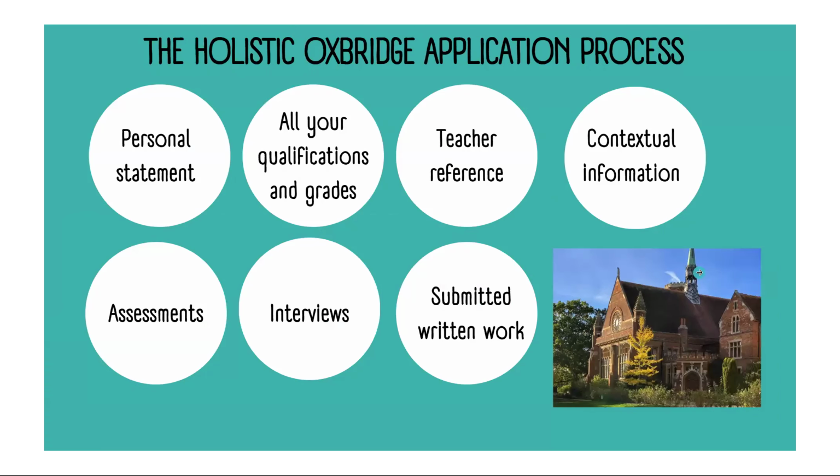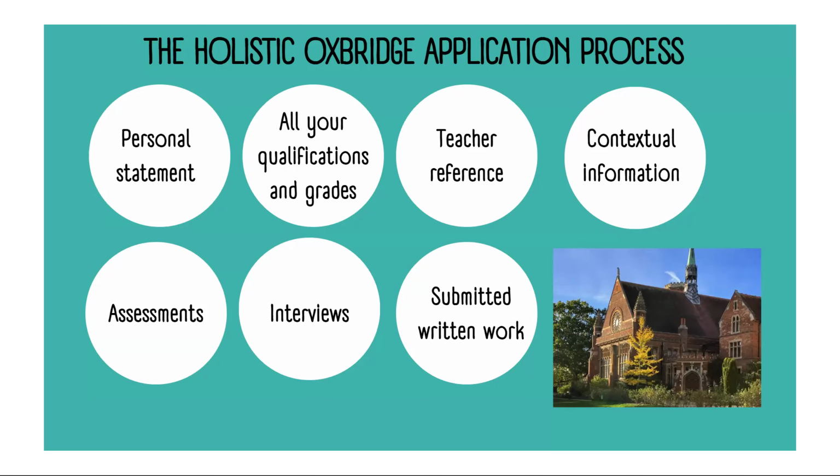So, we're just going to start by saying that the application process to Oxford or Cambridge is really holistic. We don't just look at one thing. Obviously, this session is focusing on assessments and interviews, but we do look at lots of different things. So we look at your personal statement, and we have another session which touched on this. We look at all of your achieved qualifications and the grades that you've obtained. We look at the reference from your school. We look at any contextual information that we're able to get.